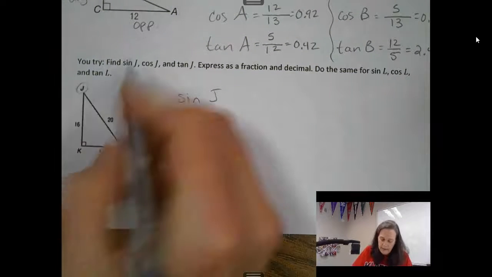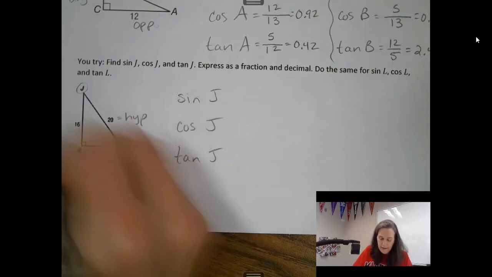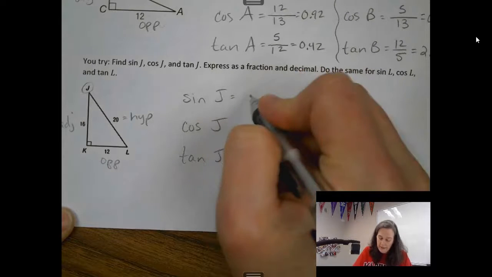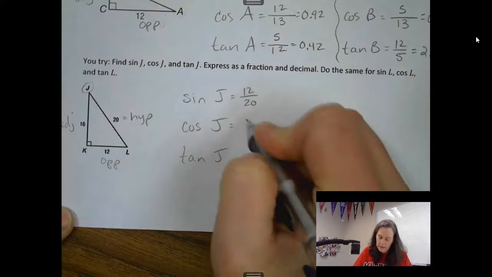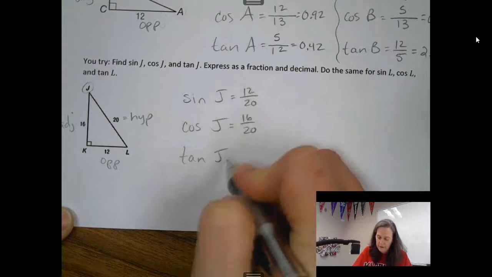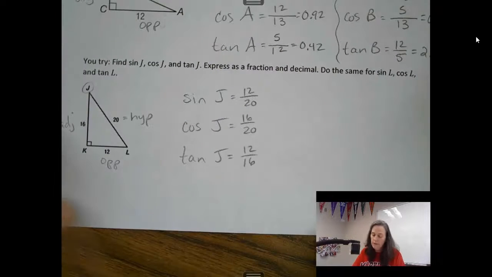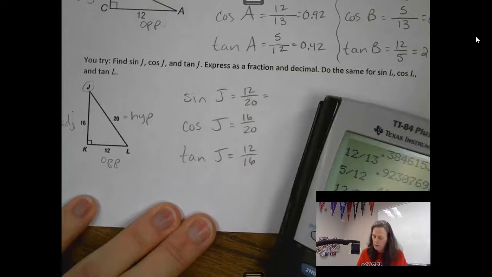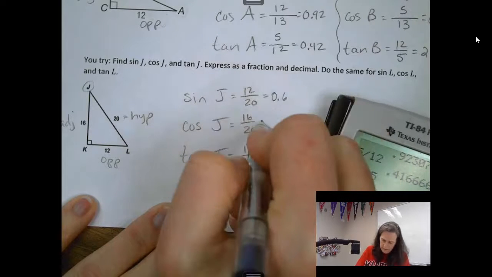If this is our main angle, well, he's going to be the hypotenuse no matter what. Opposite, adjacent. So sine 12 over 20, cosine 16 over 20, and tangent 12 over 16. And this would be, that looks like a 0.6.